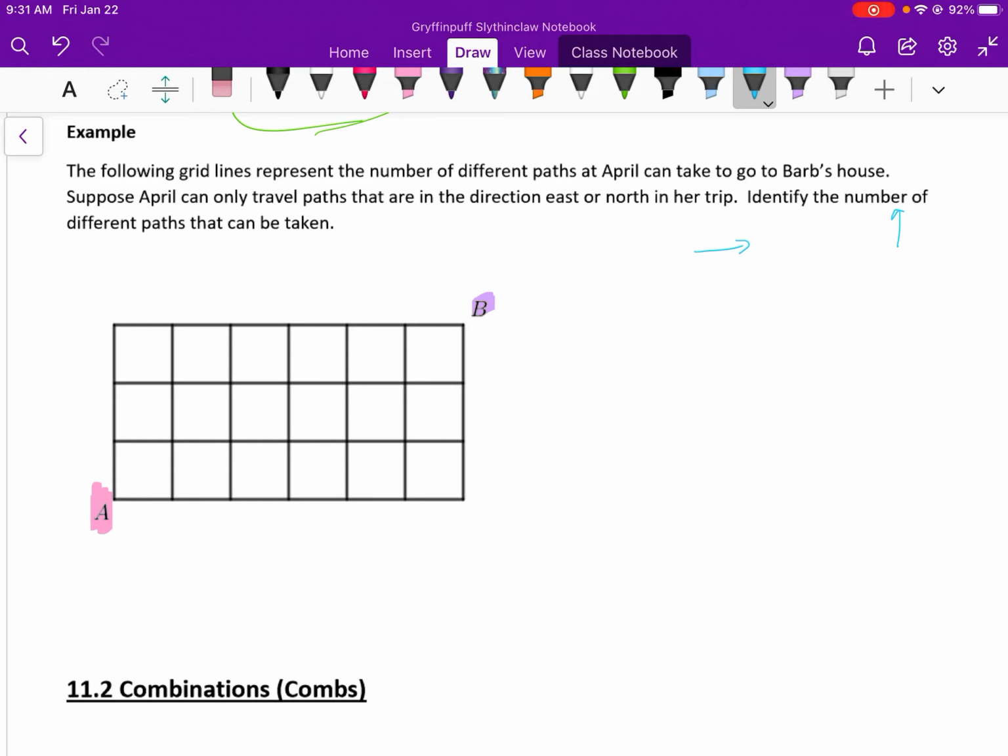So really, this is kind of odd, isn't it? I thought I was talking about permutations and combinations. But here, I know that I'm going to go east or north. I can't go south.